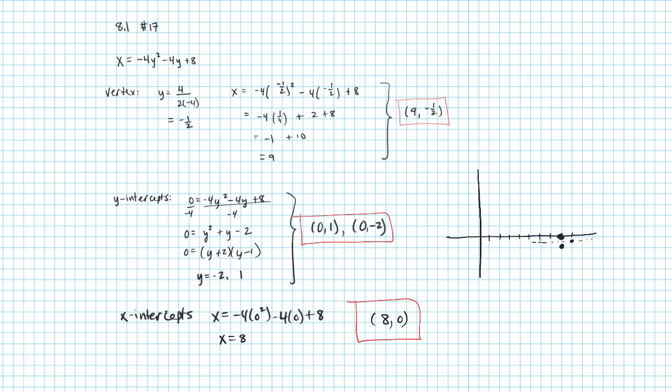And then, let's see, my y-intercepts are at 0, 1, and 0, negative 2. All right, so I have both of my intercepts, my y's, my x-intercept, and I have the vertex.